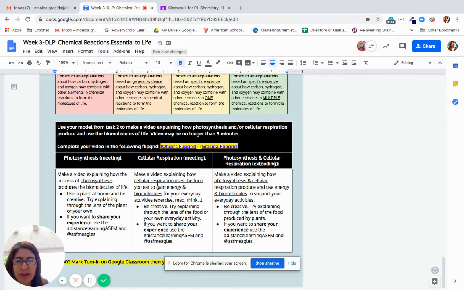And for cellular respiration, you're going to make a video explaining how cellular respiration uses the food you eat to gain energy and biomolecules for your everyday activities, how the food that you eat will help you with the energy you need to do exercise, to read, to think, etc. Again, be creative. Try explaining through the lens of the food or your own lens.